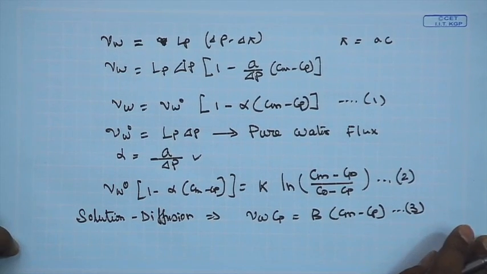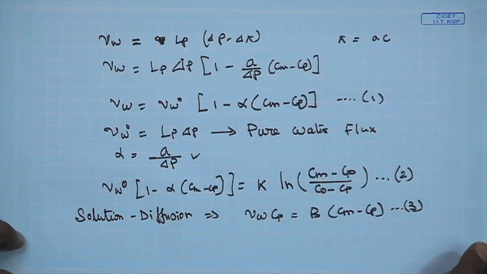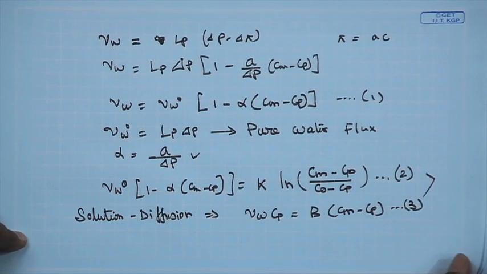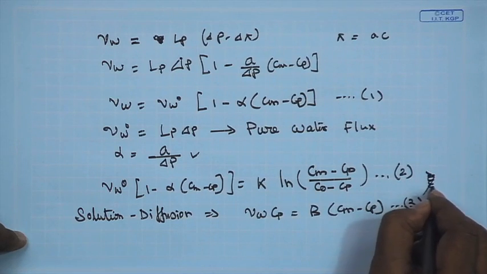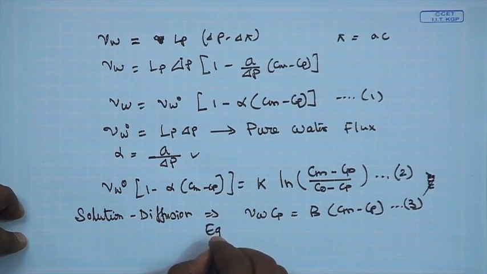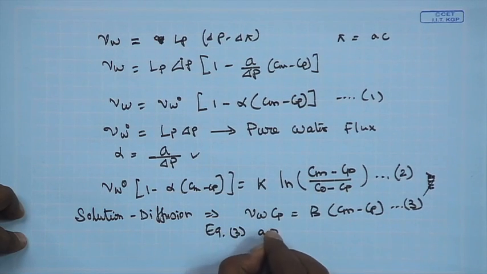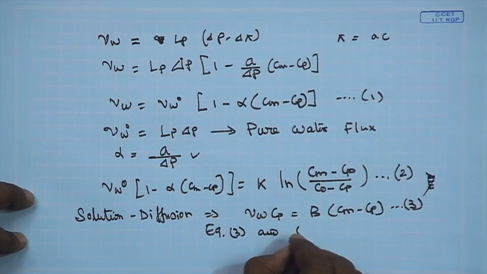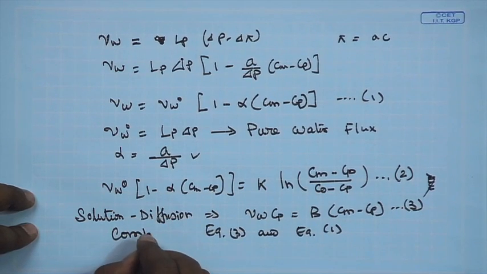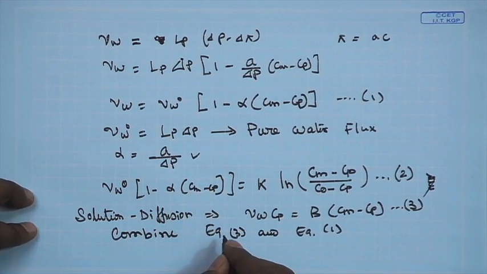So, now we can combine these two equations, and finally, we will be getting into this. We will be combining equation number 3, solution diffusion model, and Darcy's law, that is equation 1. We can combine these two equations and see what we get.